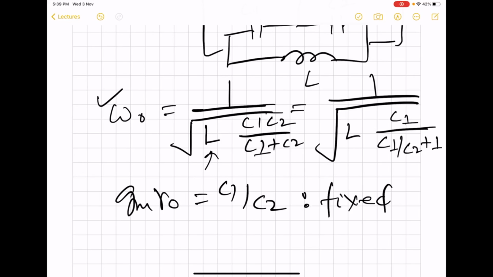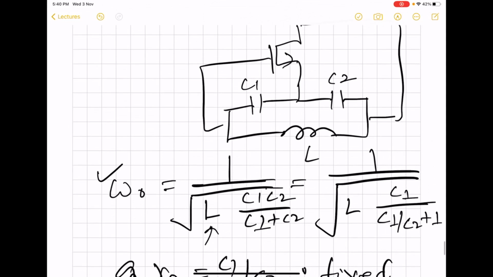So we'll have no way of changing this GM. So there is a strong link between omega naught and the intrinsic gain of the oscillator or the MOS.